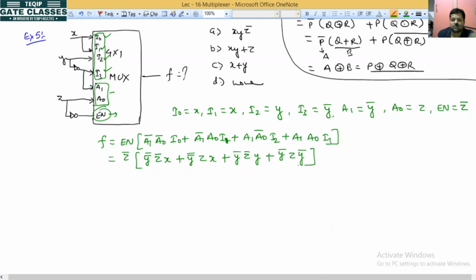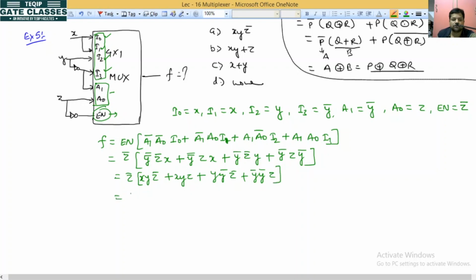Okay, so it will be z bar, this is y z bar, we put x here, plus x y z, because the double bar cancels. So now we have here y bar z bar, plus we have y bar z.